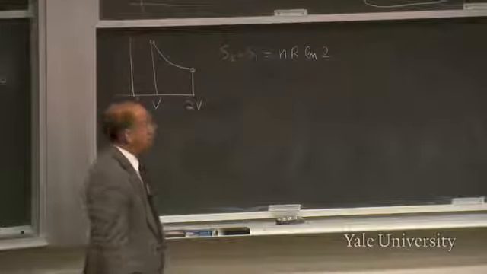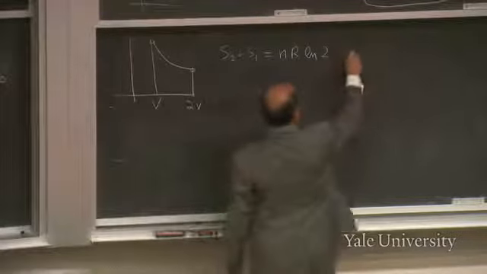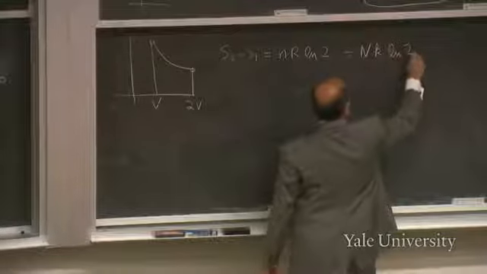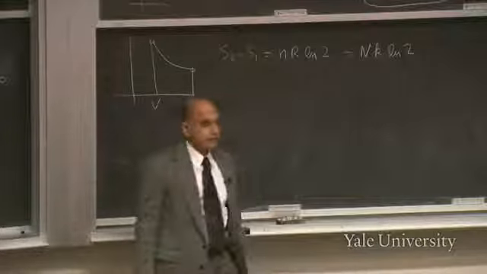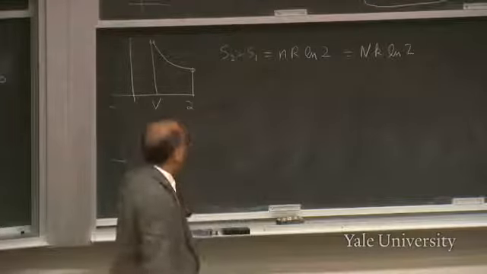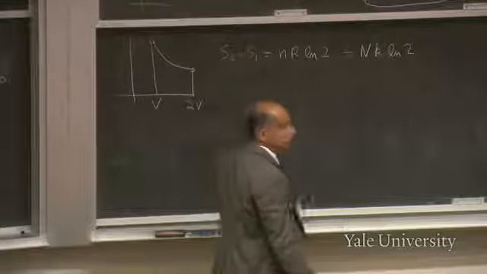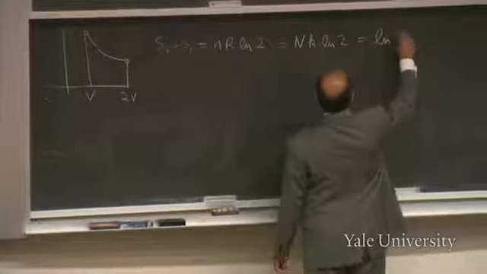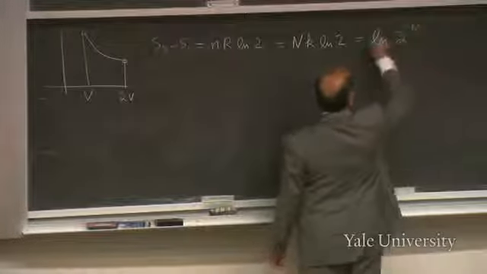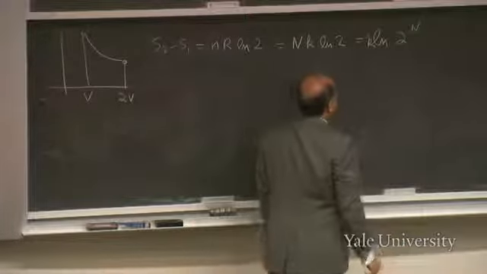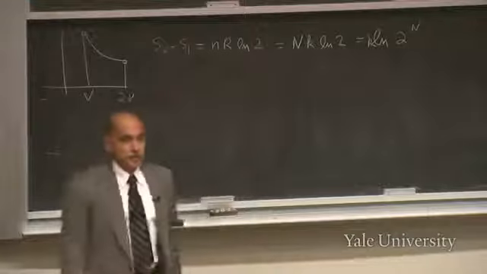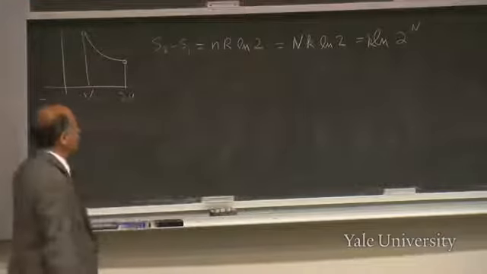The volume is doubled. Let me rewrite this as N K log 2, because number of moles times R is the number of molecules times K. Let me rewrite that as log of 2 to the n times K. So now I will tell you what all these factors mean.